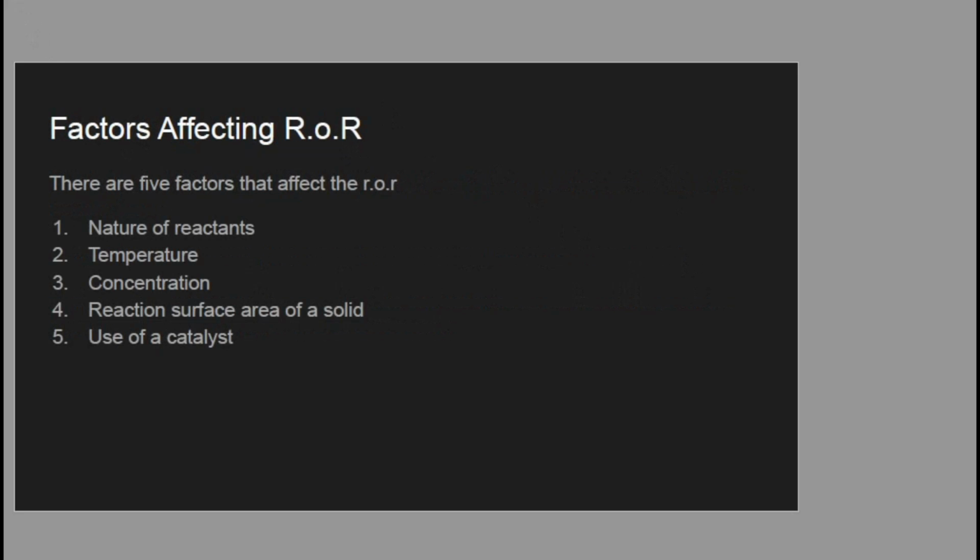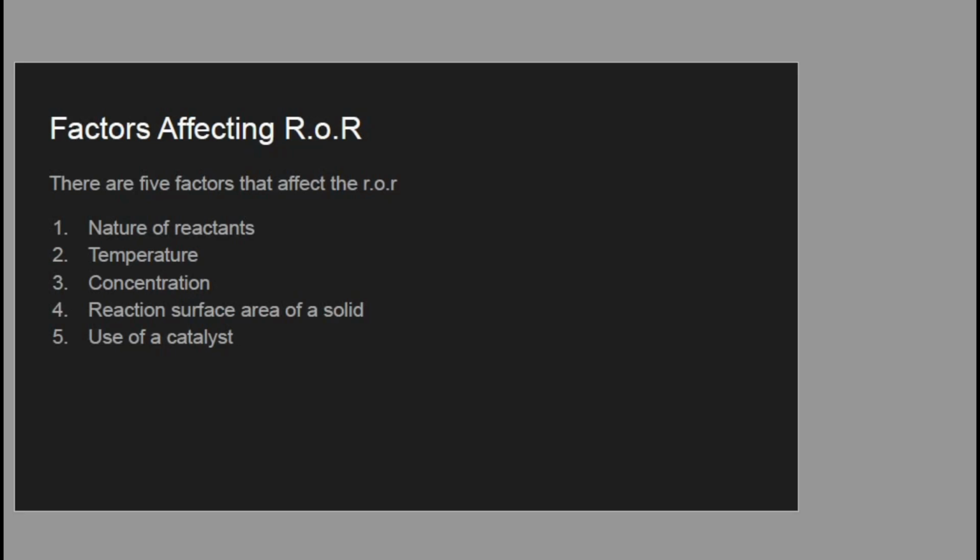Now, to begin with this week, we're going to have a look at factors that affect the rate of reaction or the reaction rate. And there are 5. Number 1 being the nature of the reactants, the temperature, concentration, reaction surface area of a solid, and the use of a catalyst.